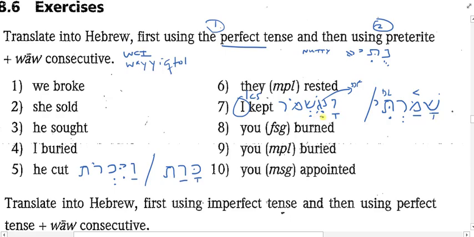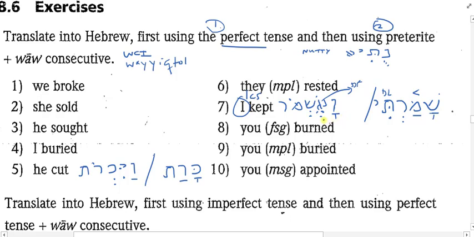So shamarti and va esh mor. Since it's a proper-tonic syllable, do we need the metheg? Or is it because it's compensatory that we don't? Yeah, because there's no shavah here, so there's no reason to have a metheg to disambiguate it, right?